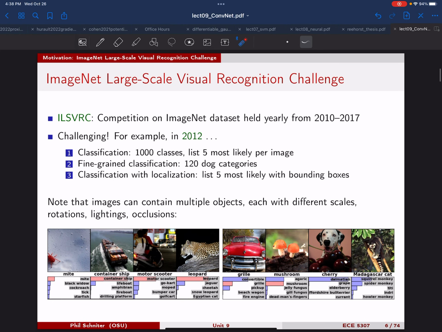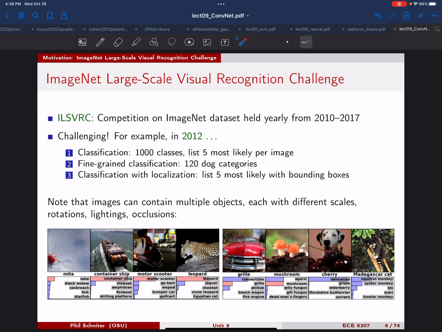Okay, so once that data set was established, it was used in a challenge, a competition that ran yearly from 2010 to 2017. It was the ImageNet Large-Scale Visual Recognition Challenge. And every year there were actually several sub-challenges.